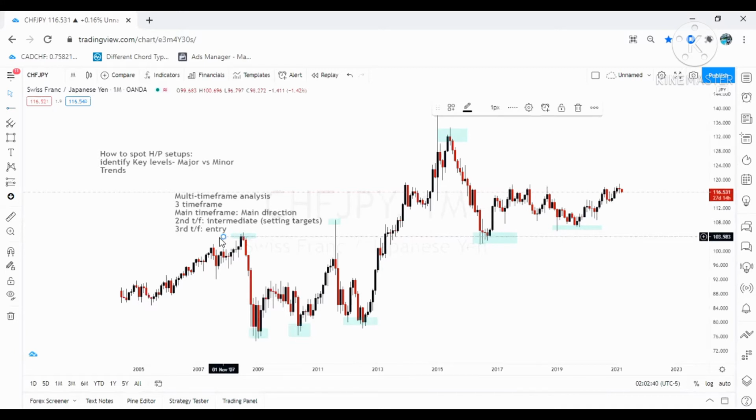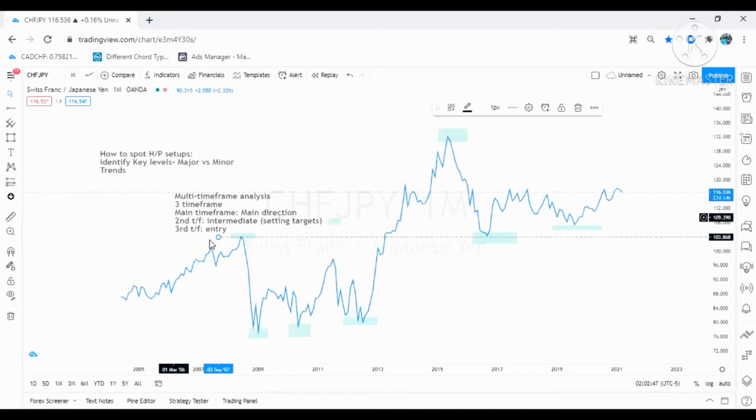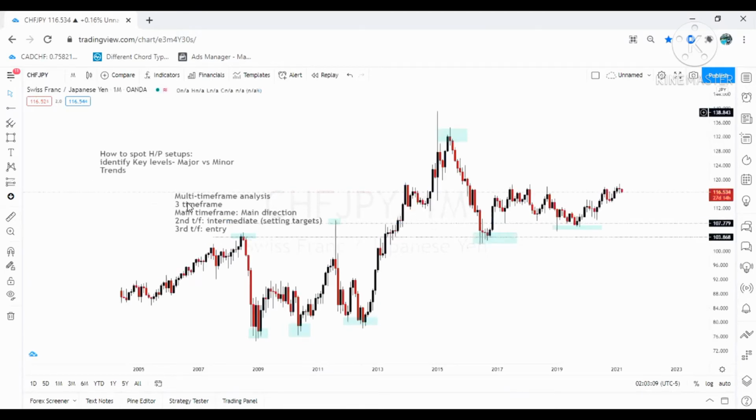Use your line chart. Yeah, so anyways, this is a level right here.